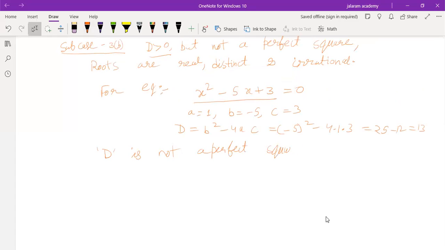And if discriminant is not a perfect square, therefore, equation has real, distinct, and irrational roots. Is that clear to you?